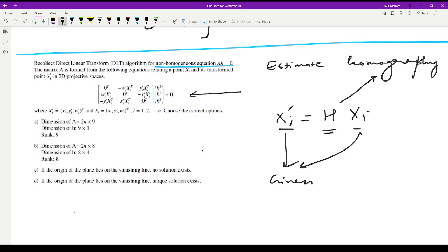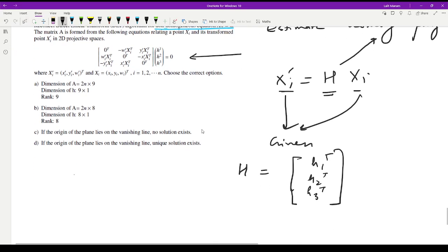So given that we need to estimate homography, you get this matrix. Do you remember how you get this matrix? These h are what? These are the rows of the homography matrix, right?